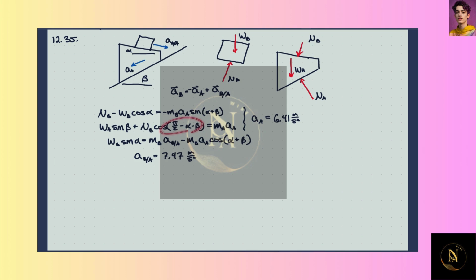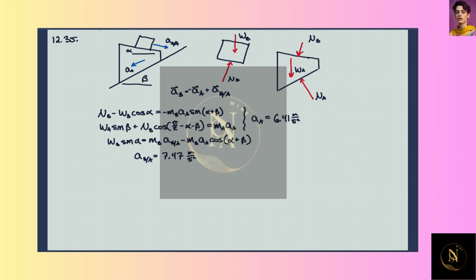There are various ways to write this. Again, we're along this axis, and this one is 30 degrees, beta, with respect to this, and this one is alpha with respect to that, so you can figure out the angle of this vector with respect to this axis. The component then winds up being the cosine of that angle. And so then we have the mass of A times the acceleration of A.